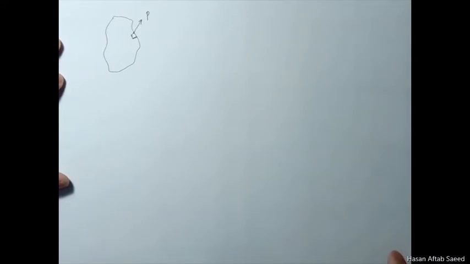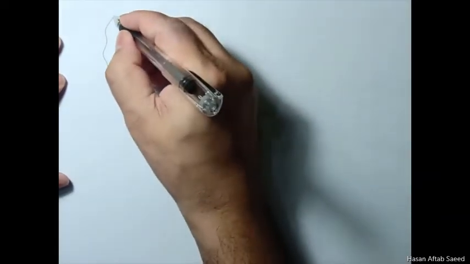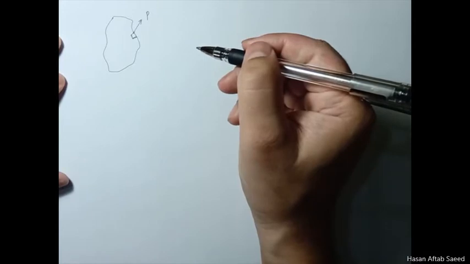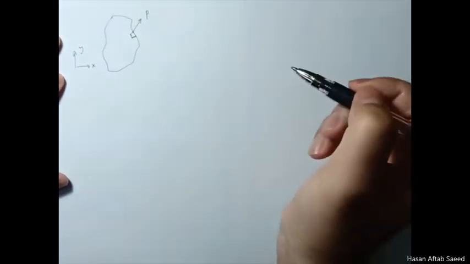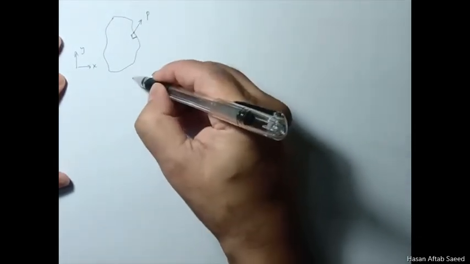But there are two additional types of loadings, and let's discuss those. First of all, there could be the weight of the structure involved. If this is the x-axis and this is the y-axis, then the weight will be directly downwards.